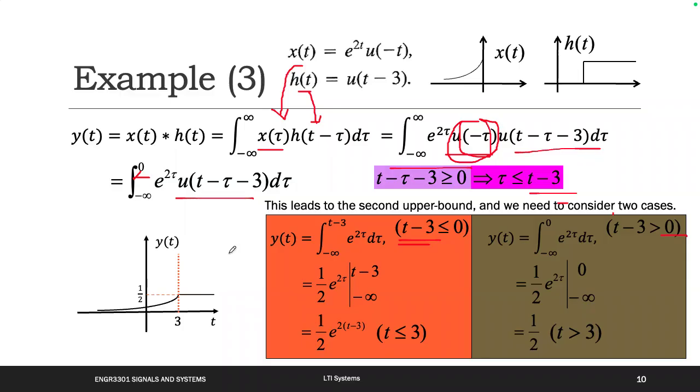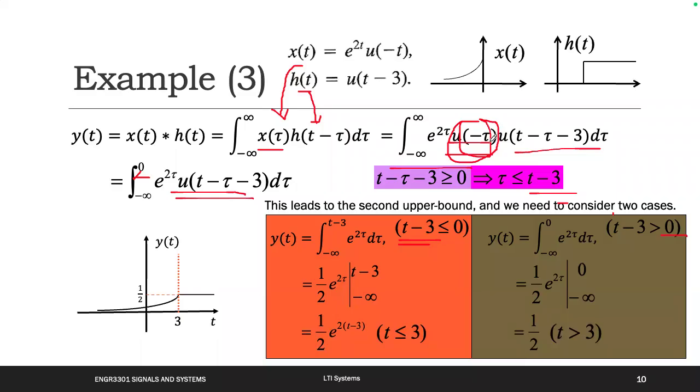Okay, let me do a summary. If you have 2 different upper boundaries, you need to choose the smaller one as your upper boundary, which means this upper boundary should satisfy this one and also this one. This also works for the convolution sum.